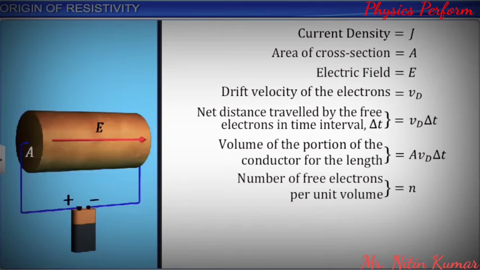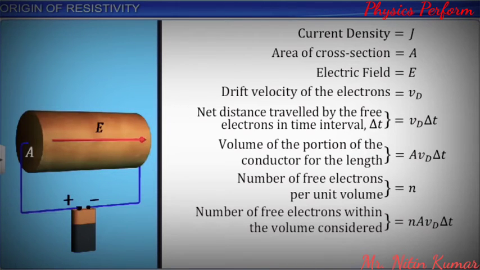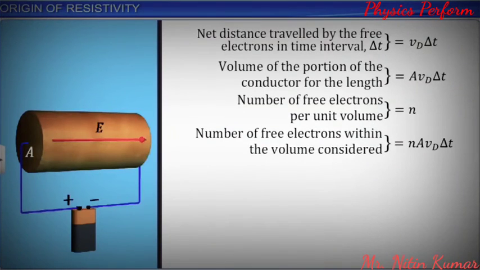Let n be the number of free electrons per unit volume of the conductor. Then the number of free electrons within the volume considered is equal to n A Vd delta t. All these free electrons cross the area in time delta t.